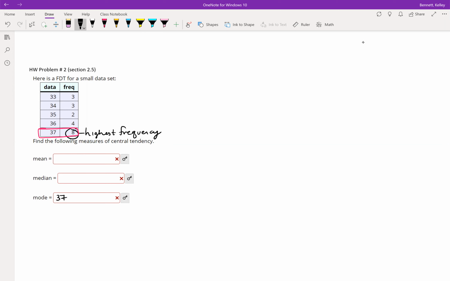All right, then for the median, you have to figure out how many data values you have. The way that you determine the number of data values is you add up all the frequencies.